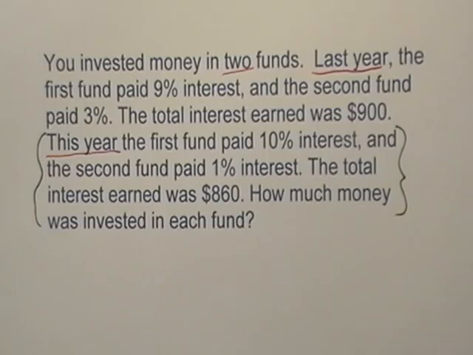Okay, this one's definitely, you can see it's kind of the same. We have two accounts, we have two interest rates, and we know that interest is equal to the money that we stuck in the account multiplied by the interest rate. The only thing is, for number one, it doesn't tell us how much we invested total, like it did in the last problem.